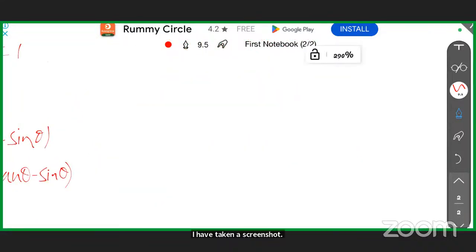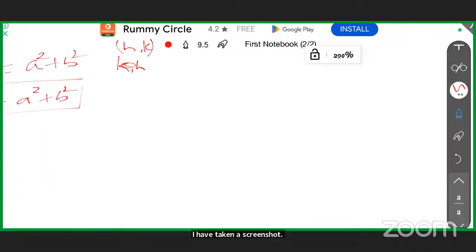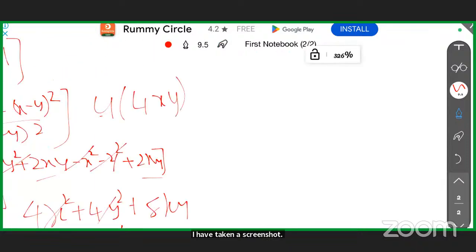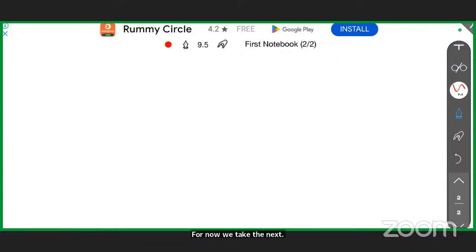So now we take the next. Taking a screenshot is good, but writing it in the notes is very important. Usually I never encourage students to take screenshots. So I'm not posting the question in the slides now. Earlier I was pasting the questions on the slide, and suddenly something prompted me: are these students really writing the question and answer in the book?